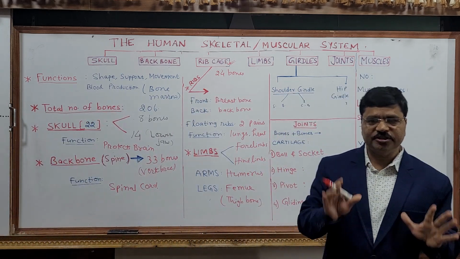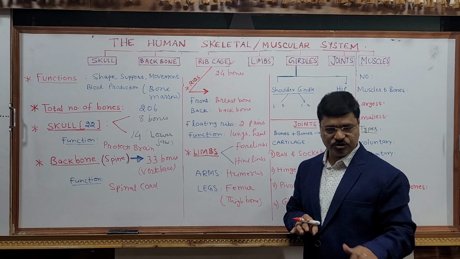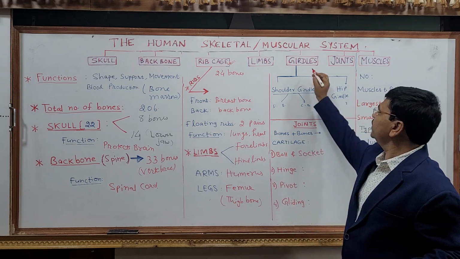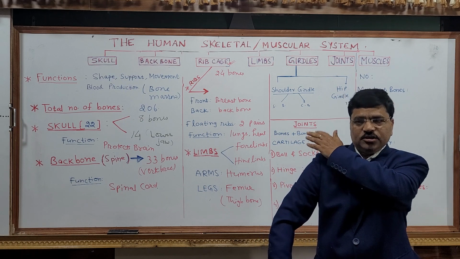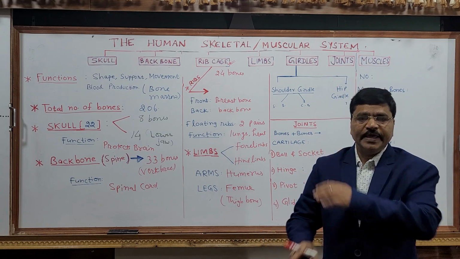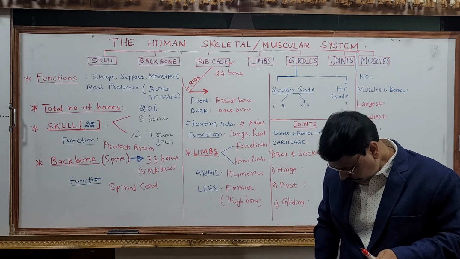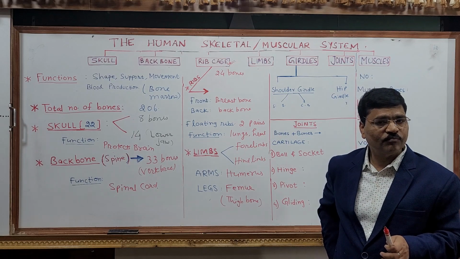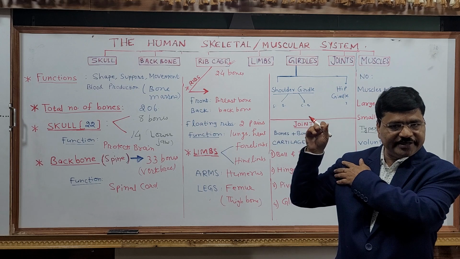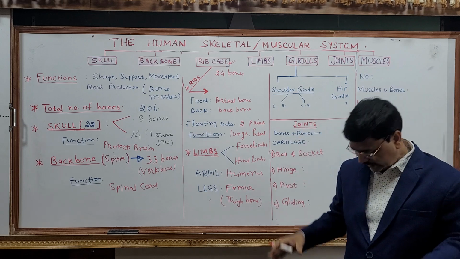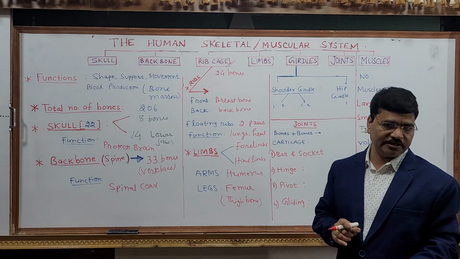About the girdles, much more information is not given in your book, but you have to know that the girdles means this part. This is one girdle. This is called shoulder girdle, and this part is called hip girdle. With the shoulder girdle, your hands are attached, both sides, and with the hip girdle, the legs are attached.